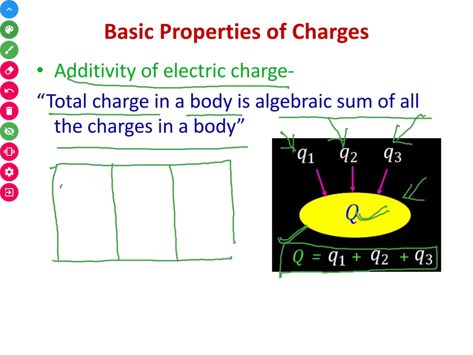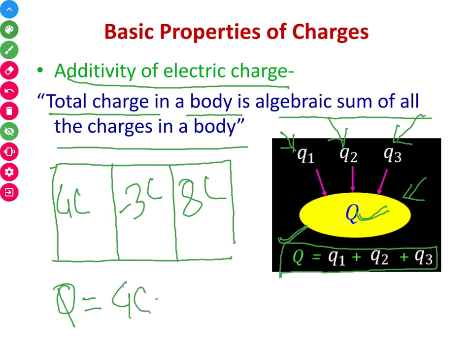Say, for example, suppose this body has three areas, and this area has 4 coulomb charge, this area has -3 coulomb charge, and this area has 8 coulomb charge. Then the total charge on this body is the algebraic sum of all the charges: 4C minus 3C plus 8C, which comes out to be 9C, 9 coulomb charge.